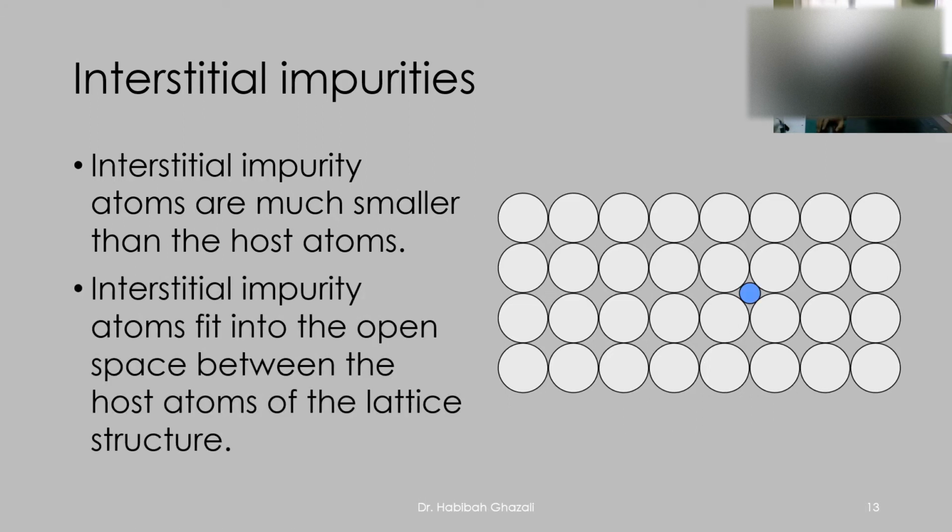So an interstitial impurity fits into the open space between the host atoms in the lattice structure. Examples of impurity atoms that are really small and can fit into the crystal structure of a lot of metals are oxygen, carbon, and nitrogen. They are small enough to fit in those spaces.